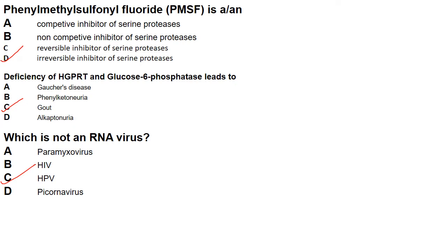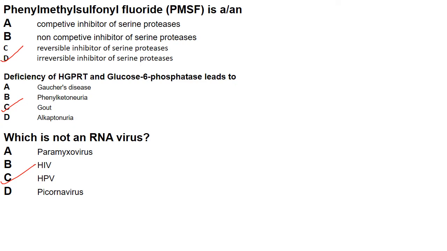This results in an abnormal accumulation of glycogen in the liver, causing the liver to enlarge and produce symptoms of hypoglycemia, that is low blood sugar, and hyperuricemia, that is gout. So here deficiency of HGPRT and glucose 6-phosphatase leads to gout. Answer is option C.